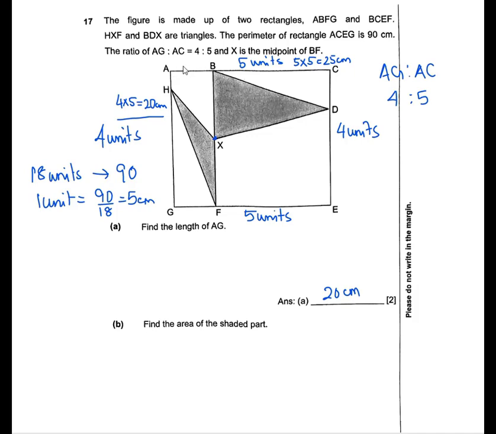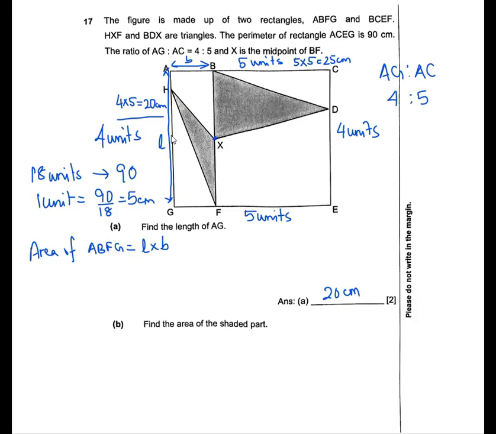So now this is the midpoint here, which means let's say I take this as B, breadth, and this as length, the area of this rectangle ABFG is equal to length times breadth.